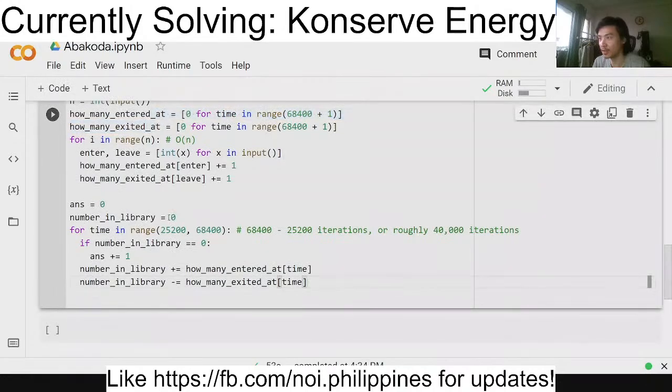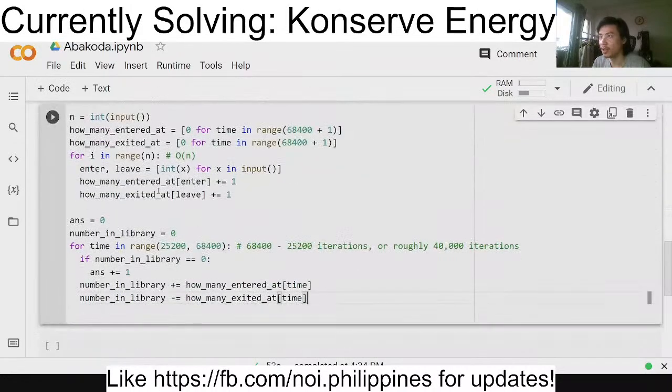Because if you think about it, I don't really care about the number of people entering and the number of people exiting separately. What I really care about is the change in the number of people at a given time.